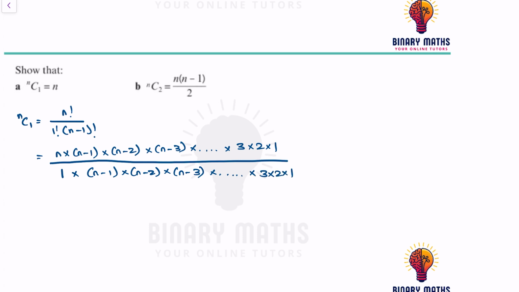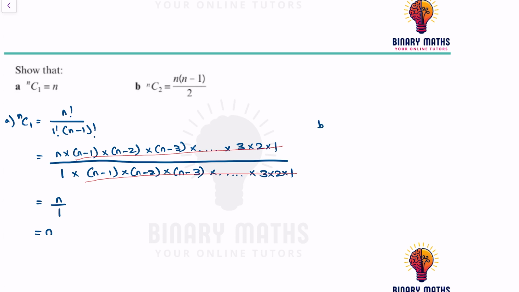Now if you see there's a common factor of n minus 1, n minus 2 all the way down to 1. So I'm going to cross that out with all of this. So all I have remaining in the numerator is n, and the denominator is 1. So n divided by 1 is just n. So that was the answer to A.